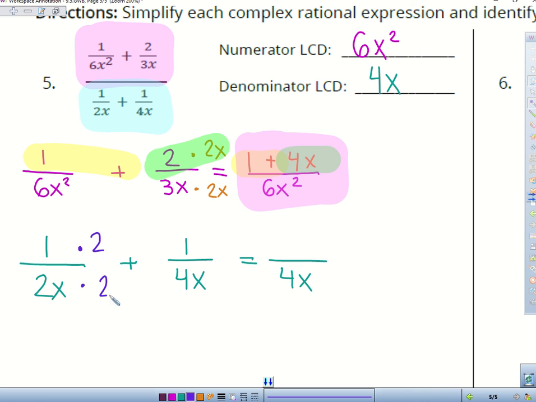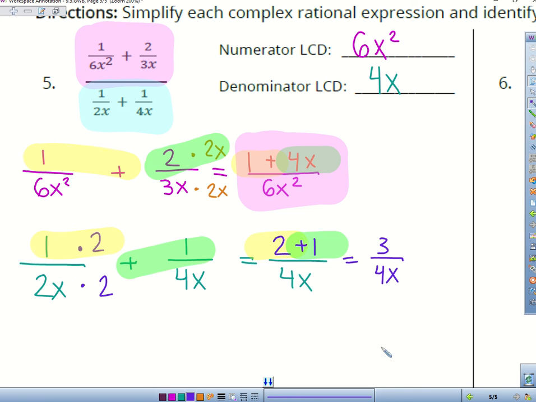Good. So this fraction isn't going to need any extra work. So this is just going to become 2 times 1, which is 2, and then plus the 1, which is really just what? 3.